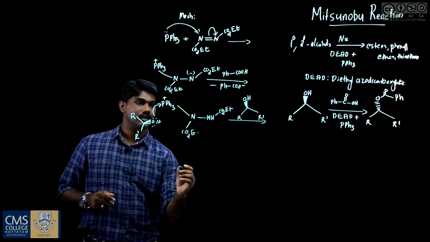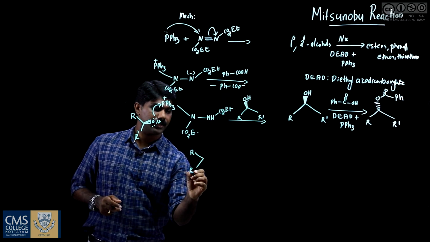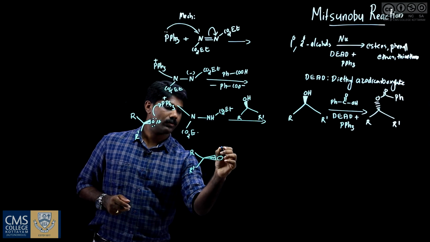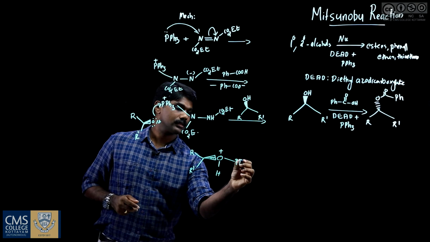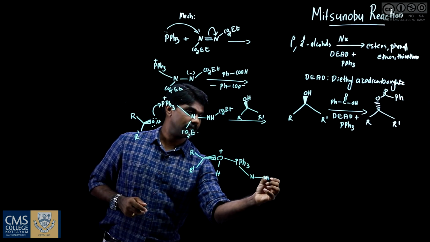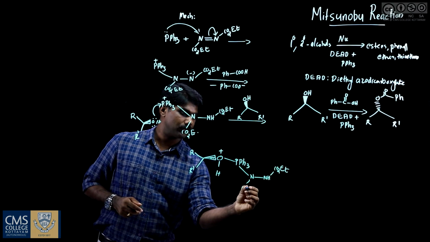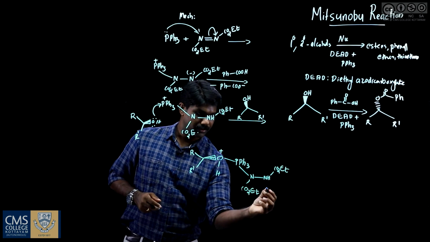Then you get R dash O positive charge. We have hydrogen here. Then it is connected to PPh3, then we have NH, CO2Et and CO2Et.